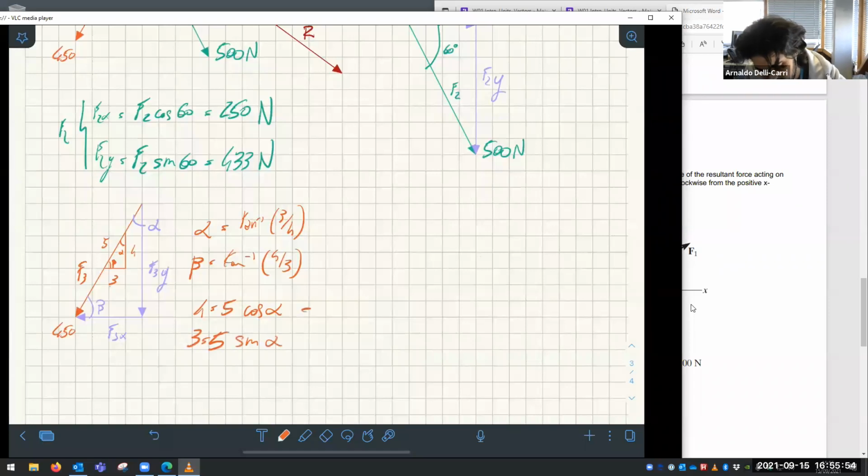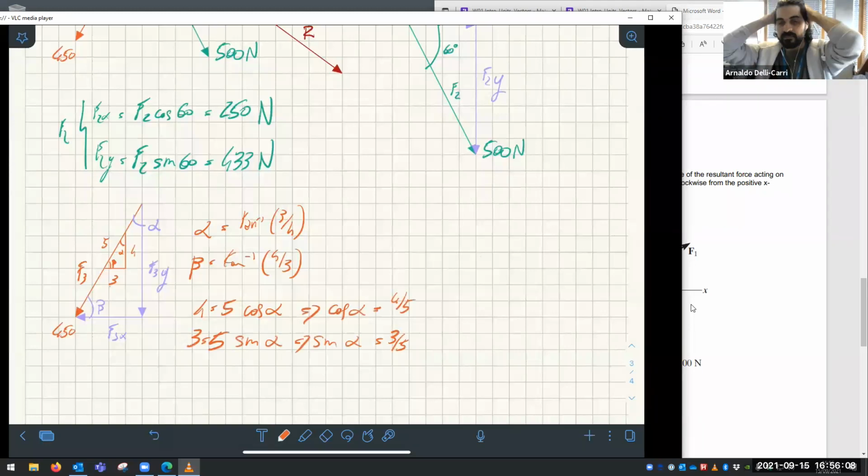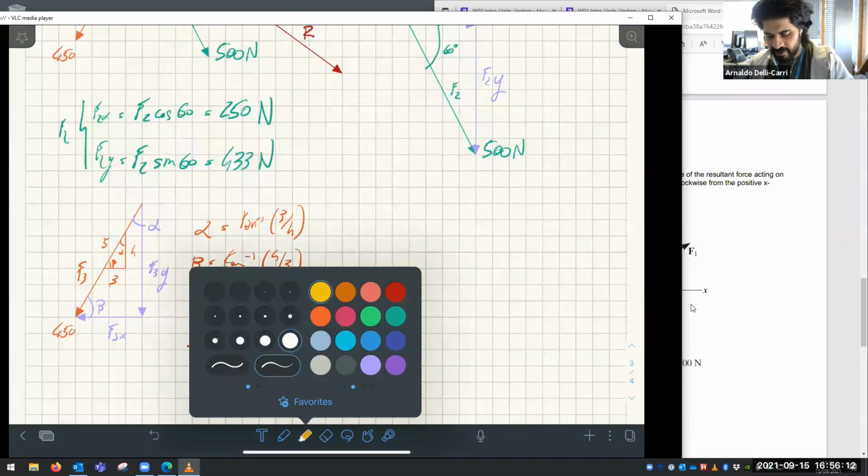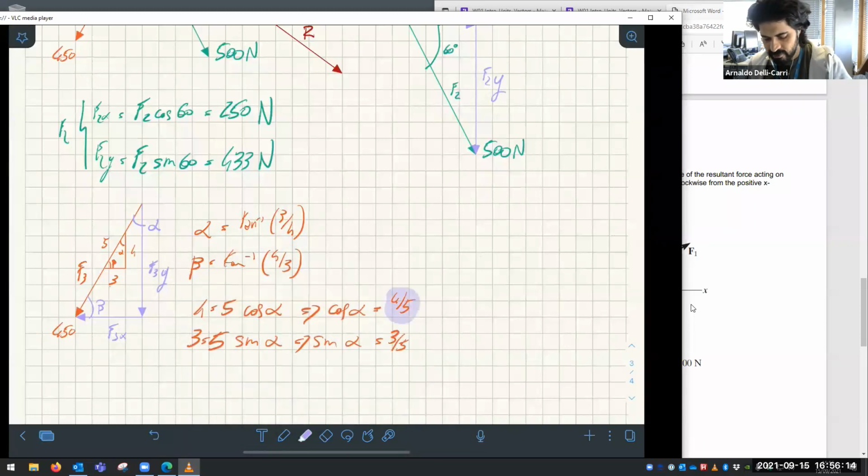So here we can say that the cosine of alpha is 4/5 and the sine of alpha is 3/5. So instead of sine of alpha and cosine of alpha, we can now use these two.